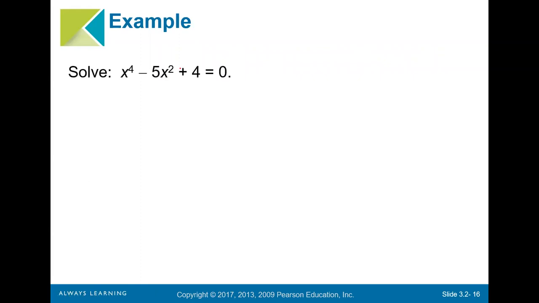So let's do this. I'm going to rewrite the x to the 4th as x squared raised to the square. And maybe I don't need to skip this step here.